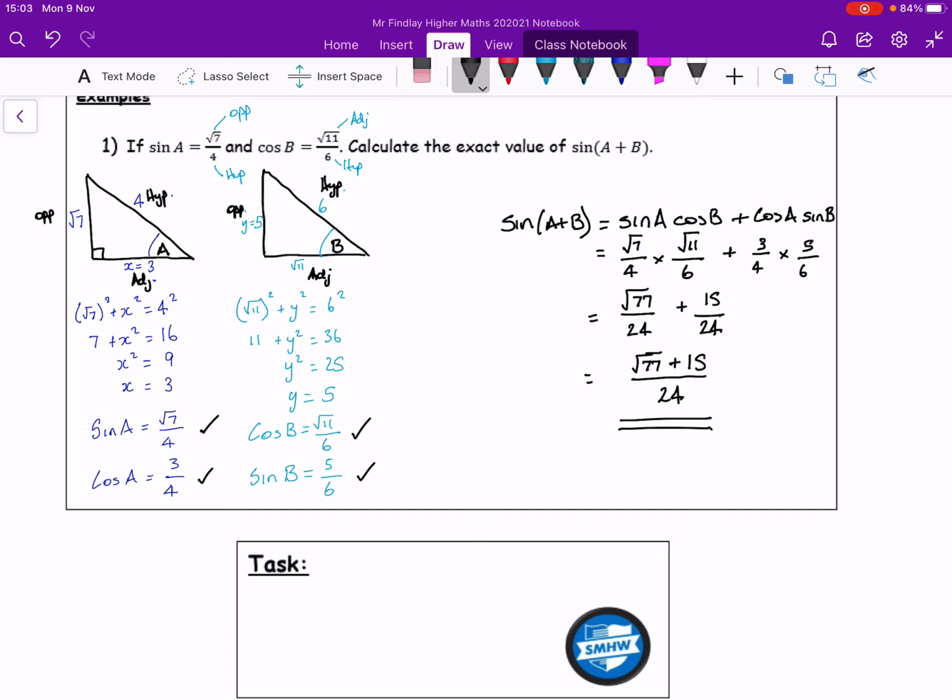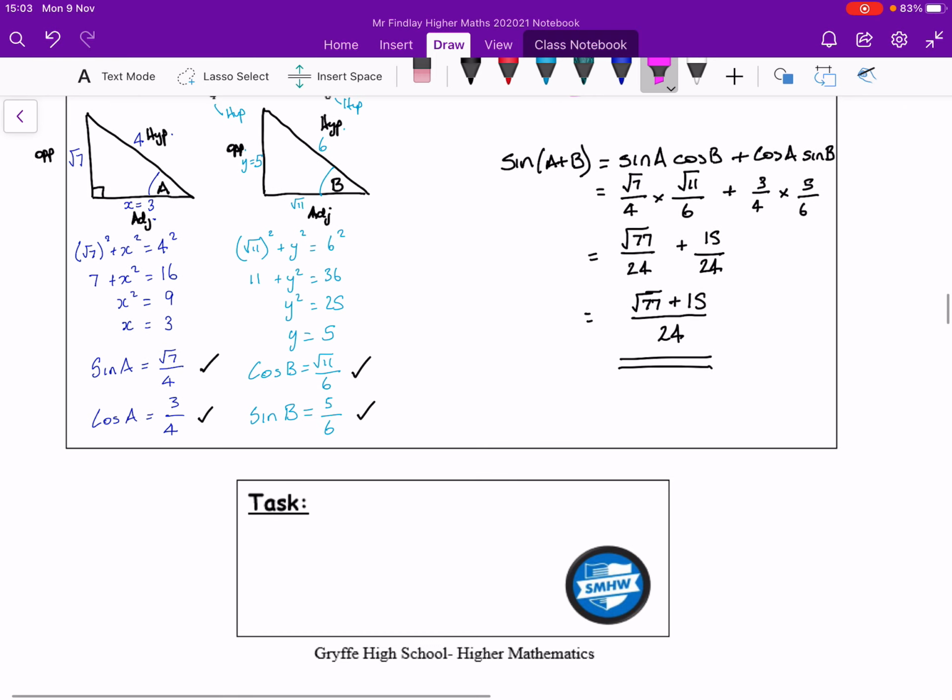Okay, so from a simple ratio, we'll be able to work out any of the 4 formulas, sine or cos, for A plus B or A minus B. Okay, and C is for homework, with specific instructions from your class teacher.